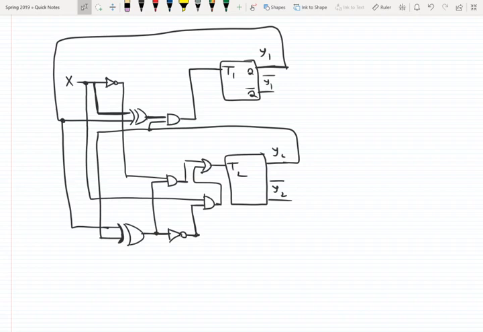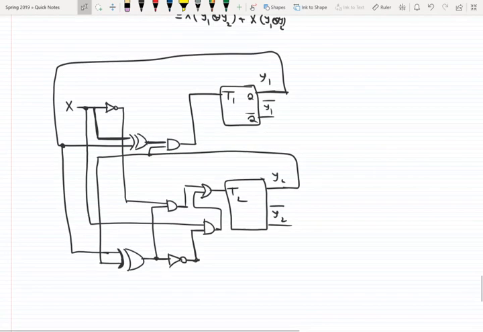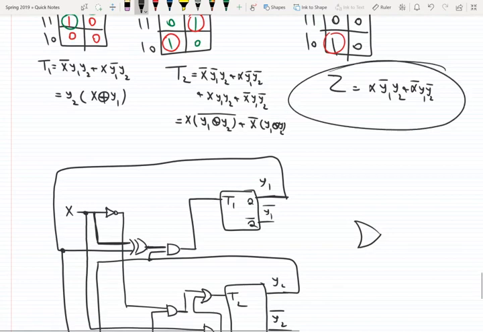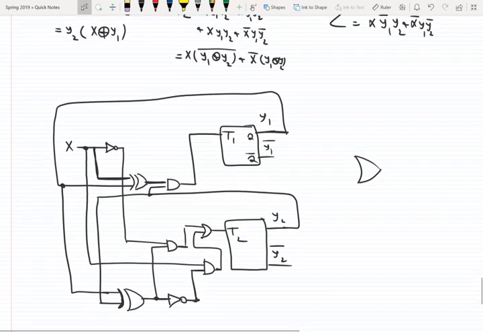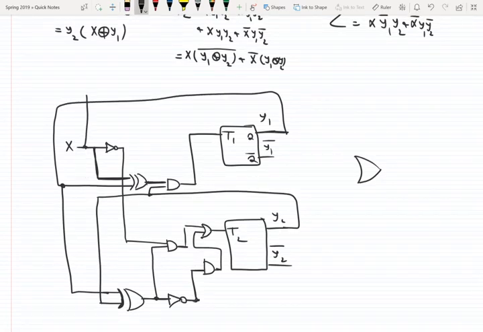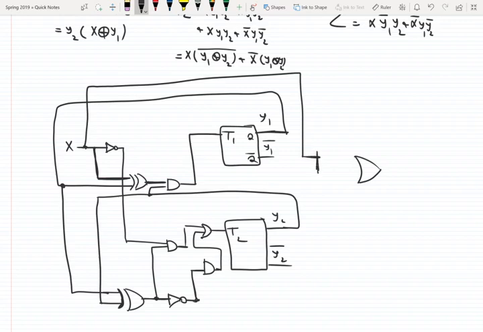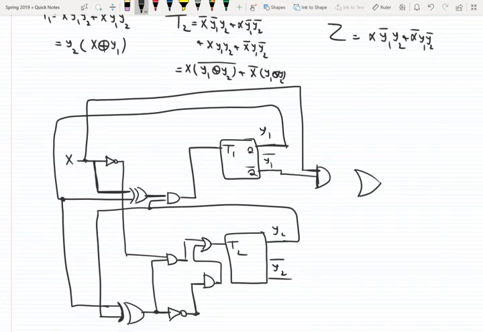What about Z? Z is an OR of two signals. Let's look at Z: X, Y1, Y2. So I get X from here, X, Y1 bar, Y2. This one is one signal.